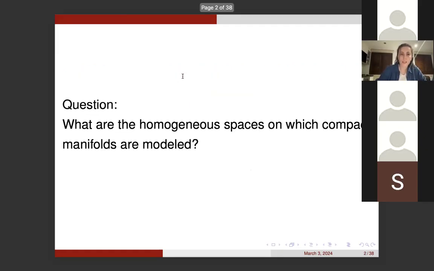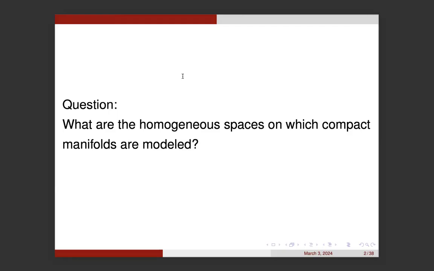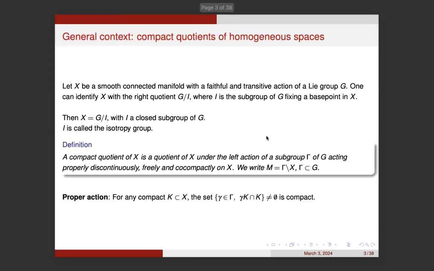Okay. So the general question for this talk is the following. What are the homogeneous spaces on which compact manifolds are modeled? So what is a homogeneous space?